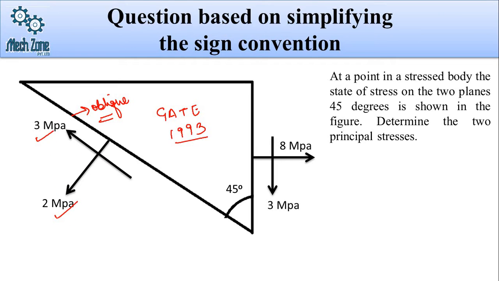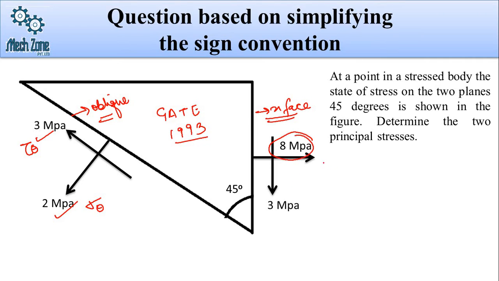That means we have this normal stress on this oblique plane, that is sigma theta, and this is the shear stress, that is tau theta. So sigma theta and tau theta on this oblique plane have been given. This is actually the x face, as we have already discussed in the lectures of strength of materials.